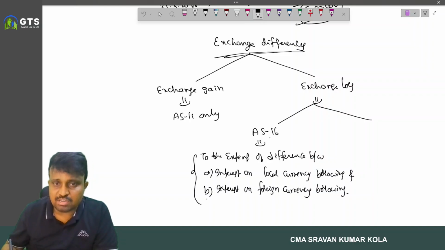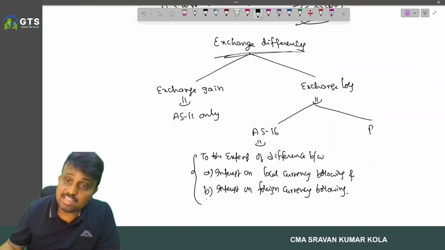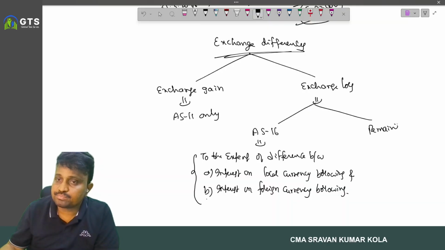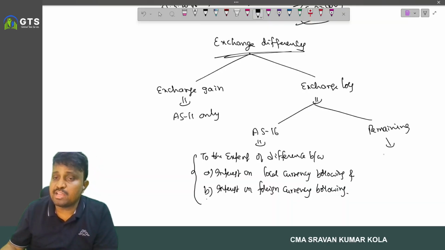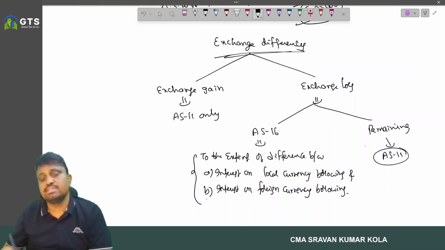So this amount is covered under AS-16 and the remaining part is covered under AS-11.